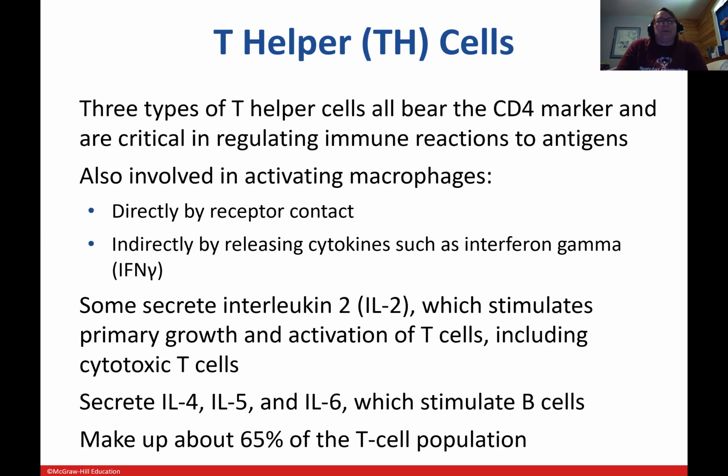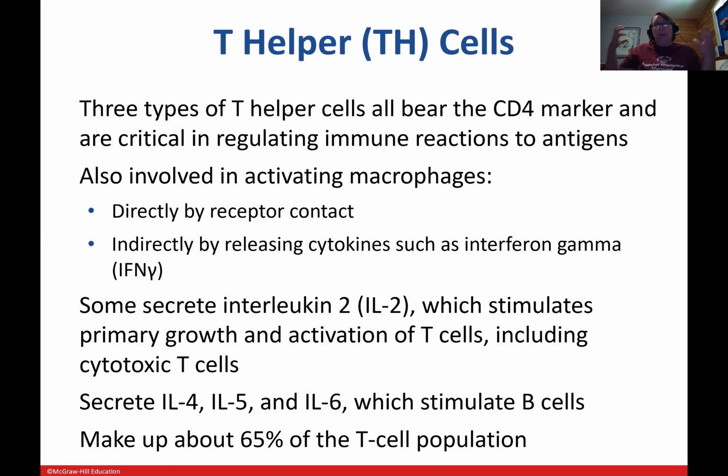So it can do that directly by receptor contact, and it can also do it indirectly by releasing cytokines that macrophages respond to. So interferon gamma is an example of something that really wakes up a macrophage. Some of these helper T cells secrete another one called interleukin-2 that causes that clonal expansion of T cells.